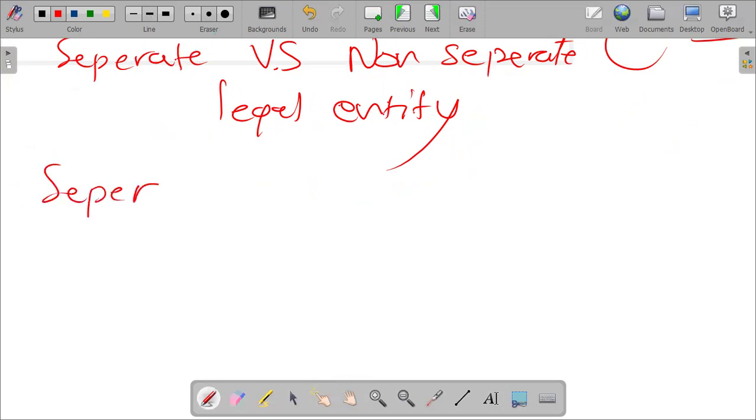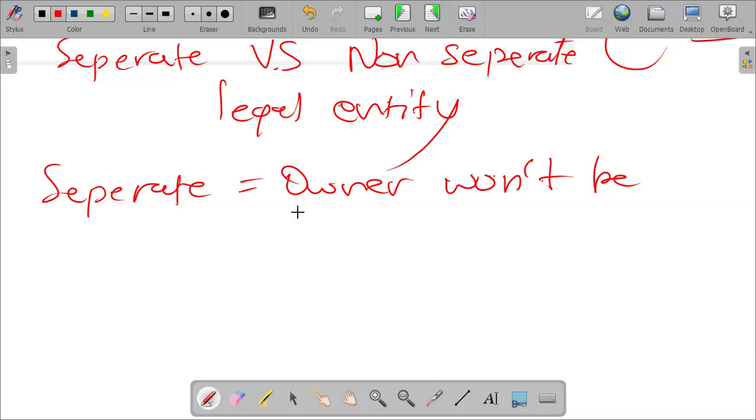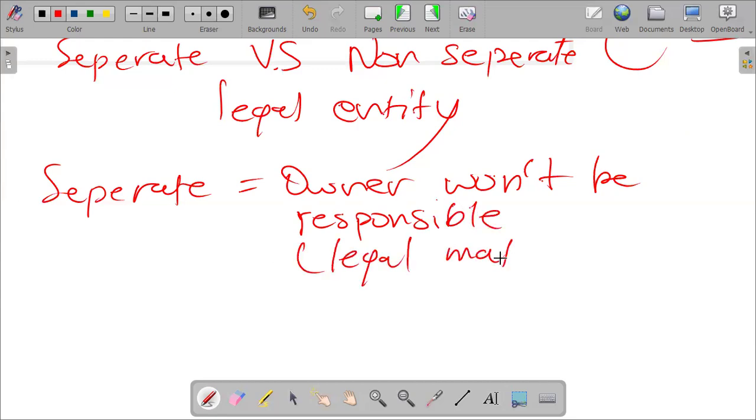Like to put it in layman's terms, with a separate entity, the owner won't be responsible, right? For what? Legal matters of the business. Separate owner won't be responsible for the legal.